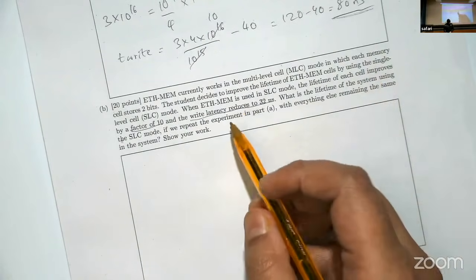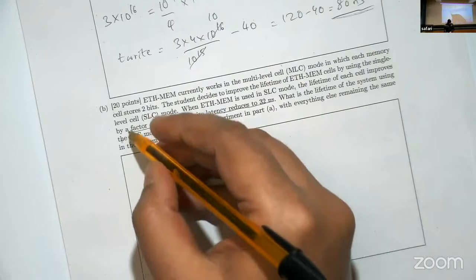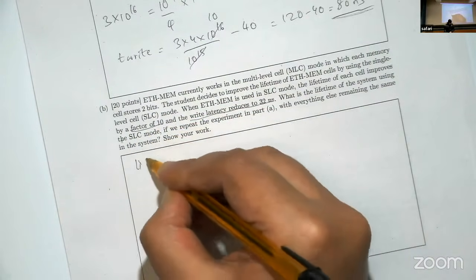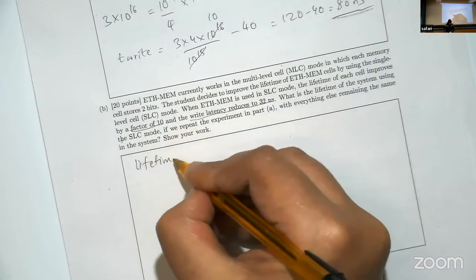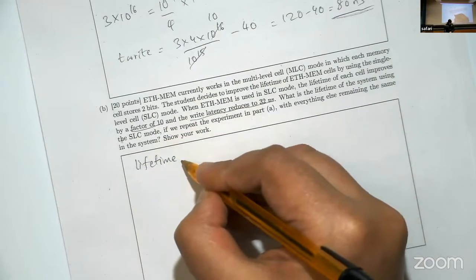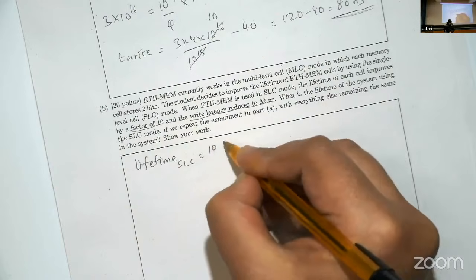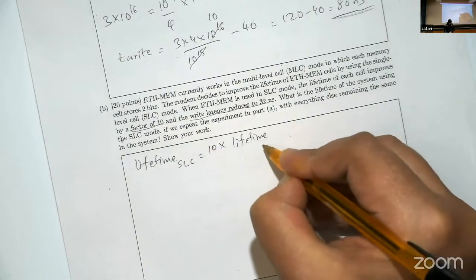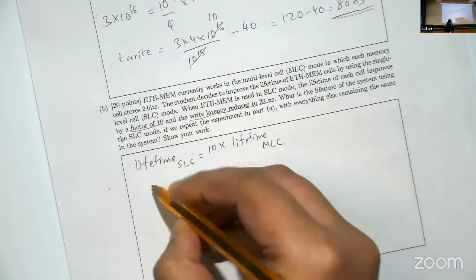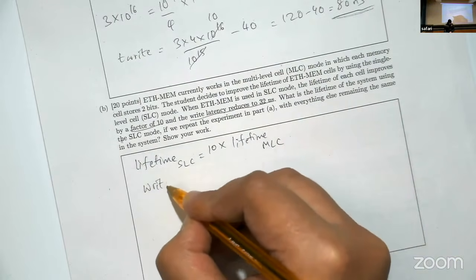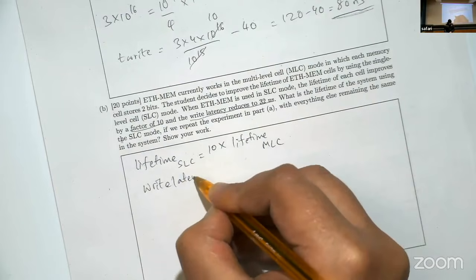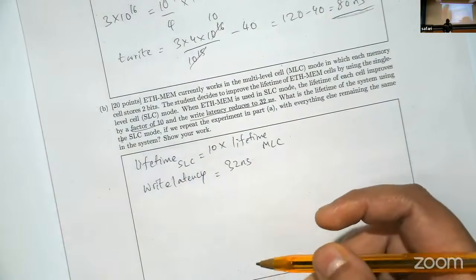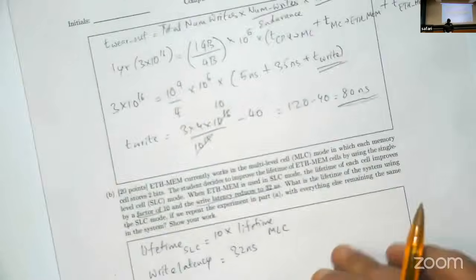The important parts of this question are that the lifetime of SLC is equal to 10 times the lifetime of MLC, and the write latency is 32 nanoseconds. So we go back to the previous equation again.